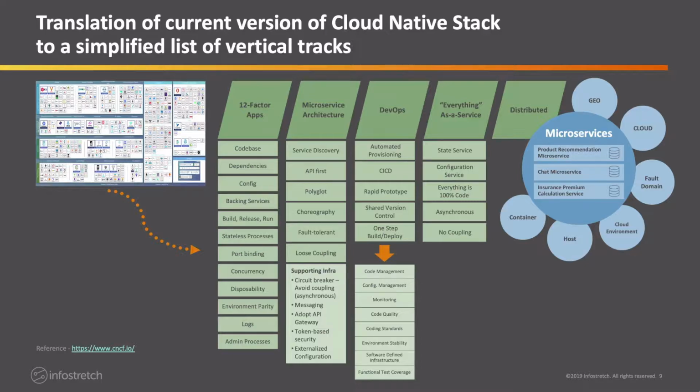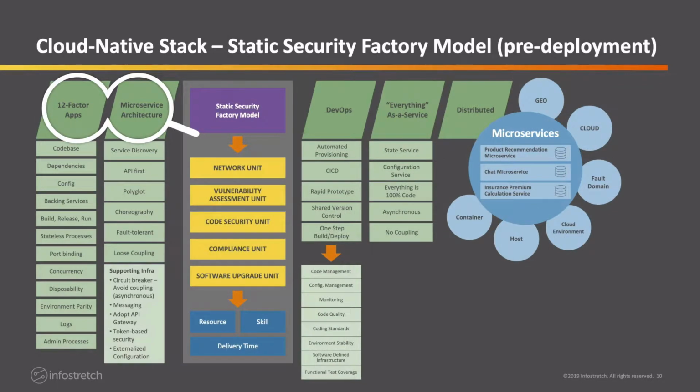So moving on to this one. This is, I think, the first slide I talked about. What we have seen in the previous 5 tracks are the 12-factor apps, microservices, DevOps, everything as a service, and the distributed deployment that you will have for your cloud native applications.